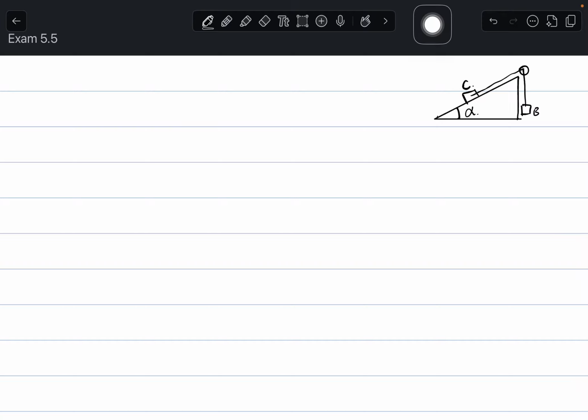And let's do the free body diagram. So for the cart, here's the cart, and along the slope is the tension from the rope, perpendicular to the slope is the normal force, and straight down to the ground is its weight. Let's draw this line right here and back here.